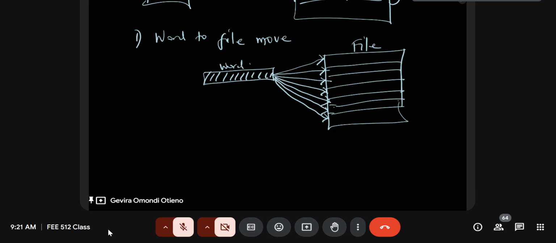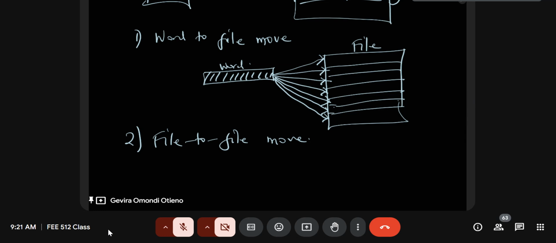So that means, and it's a very practical way of move that we do. So our moves are not just limited to word. It can also move from word to file. We even have a file to file move. Okay, a file to file move.